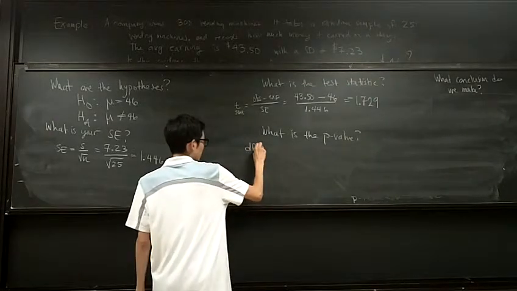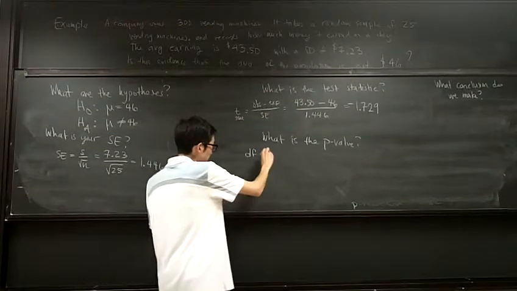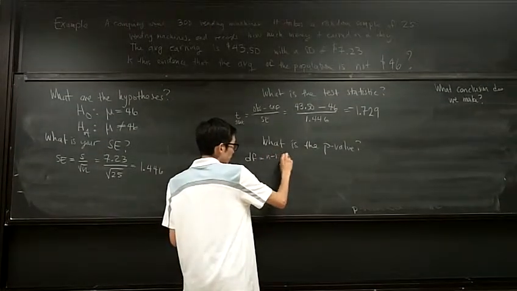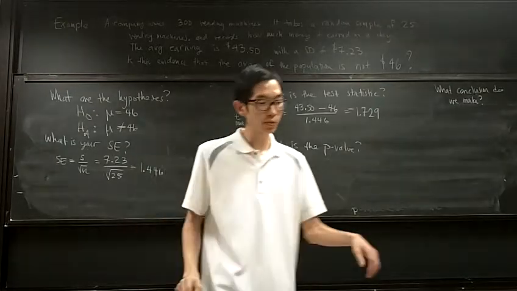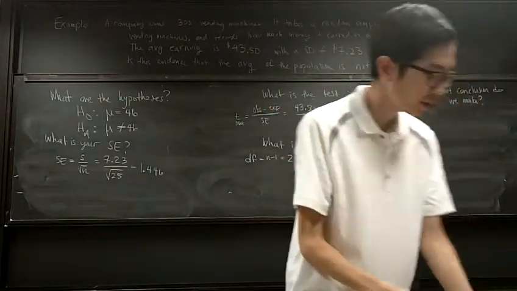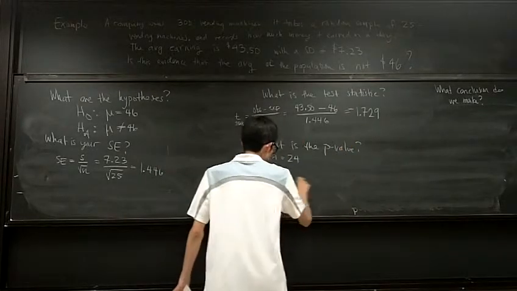Okay. So my degrees of freedom is 24, n minus 1, so I have 24 degrees of freedom. And I go to the row in the table with 24 degrees of freedom, and I'm looking up 1.729. I just ignore the negative sign.